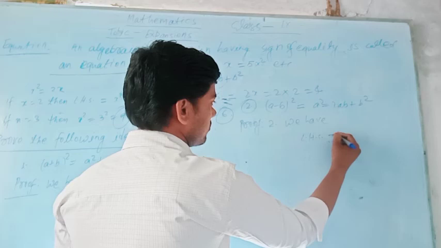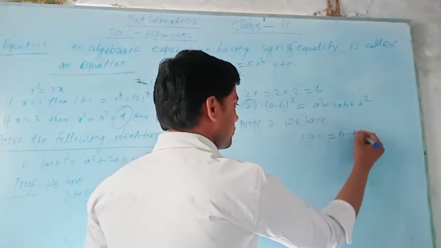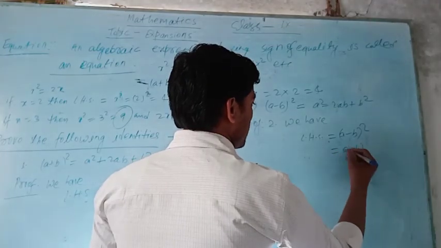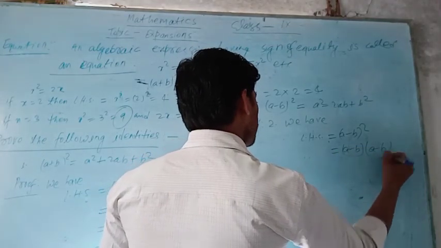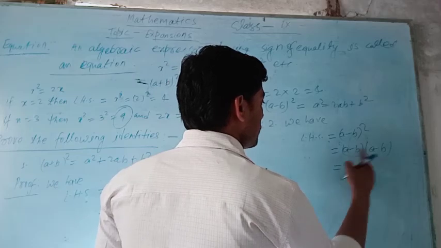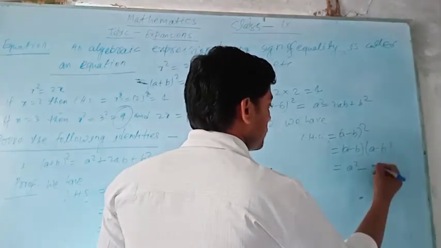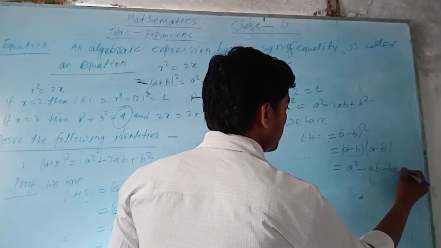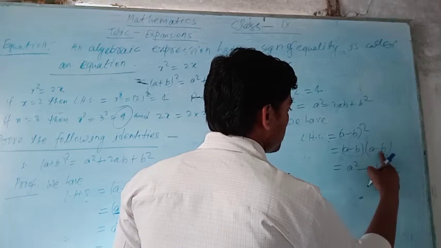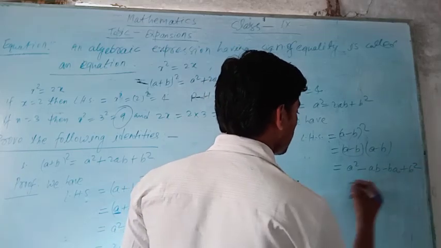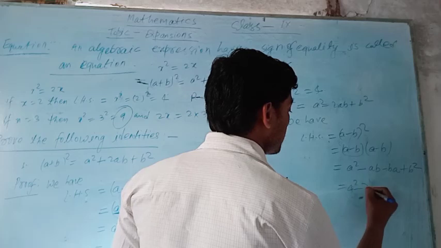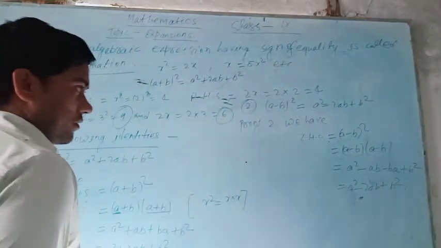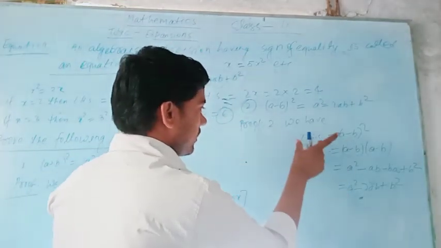So a into a is a square, a into minus b is minus ab, minus b into a is minus ba, minus b into minus b is plus b square. So a square minus 2ab plus b square. LHS is equal to (a minus b) whole square. RHS is equal to a square minus 2ab plus b square. Hence proved.